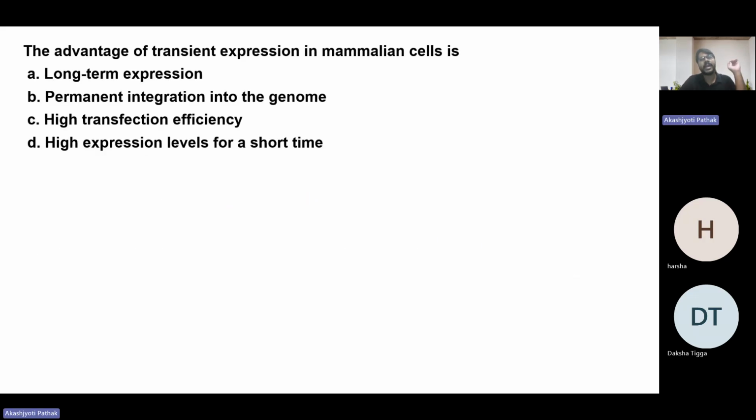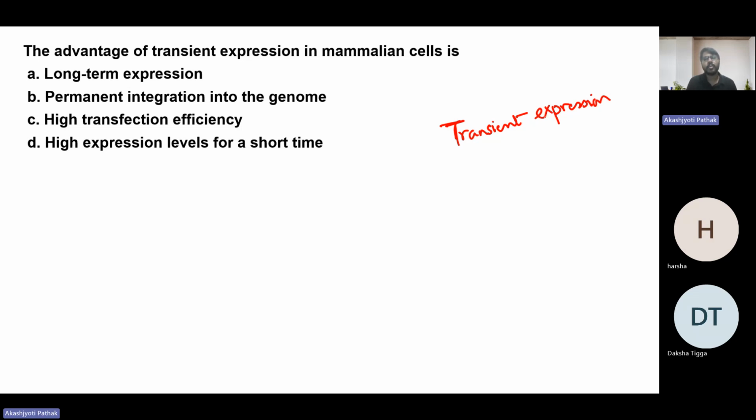So what is the advantage of transient expression in mammalian cells? When do we go for transient expression and when do we go for permanent expression? Transient expression means if you just want to screen for some cDNA, or you just want to see whether the gene of interest that you have cloned is able to express your protein, or whether the construct that I have developed is able to express my protein and that protein is getting expressed on my cell surface, then you can go for transient expression just for checking.